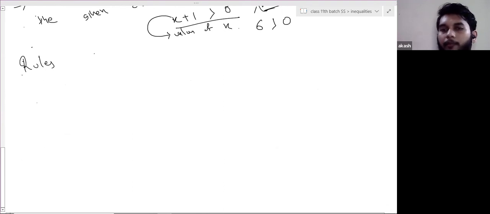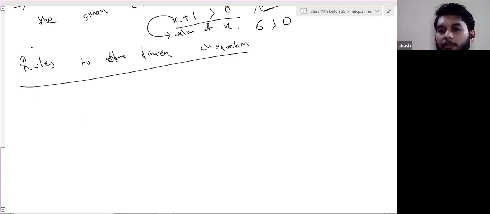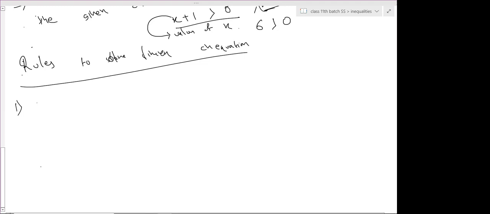There are certain rules we have to follow to solve linear inequations. All right, what rules are there to solve linear inequations? Iram, can you tell me what is the first rule? Yes, sir. Same number can be added or subtracted from both the sides of an inequation without changing its sign.